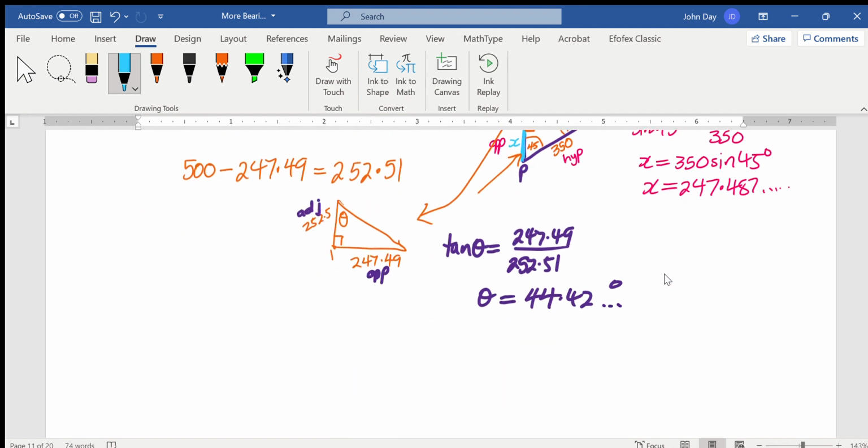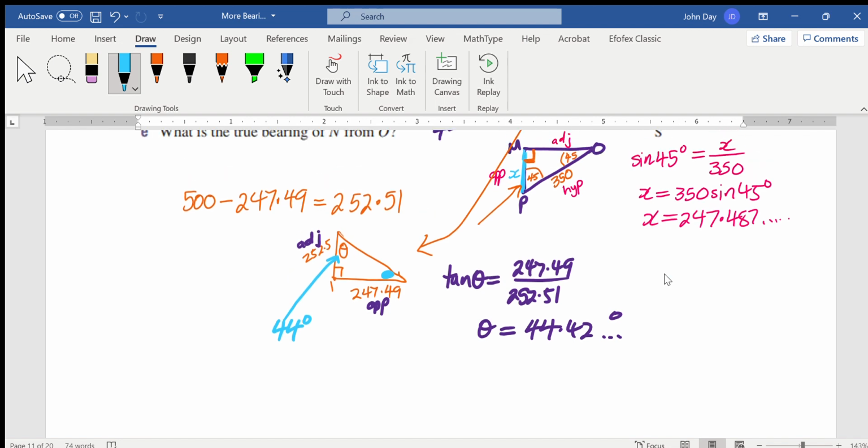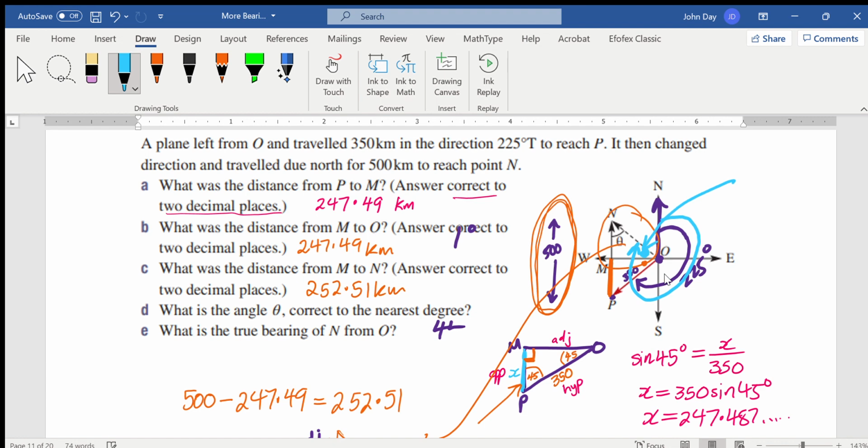And you can find that angle in there because it's the same as this one down here. It's a right angle triangle, and they told us to round it, so it's 44 degrees up the top there. So that one there must complement that 44 degrees. So 90 minus 44, you get 46 degrees in there. So that angle in there is 46. So we've got 270 plus 46. So it's 316 degrees true.